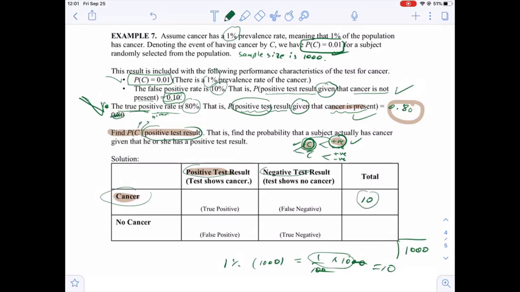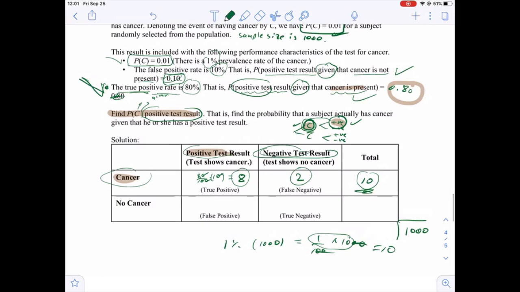It's just for the 10 people who have cancer. So it's 80% of the 10 people. So we cancel these zeros, we get 8 people. So 8 have positive test result. Now what's the complement of that? It's 2. 2 have negative results because the sum is 10. 8 have positive results and 2 have negative results.